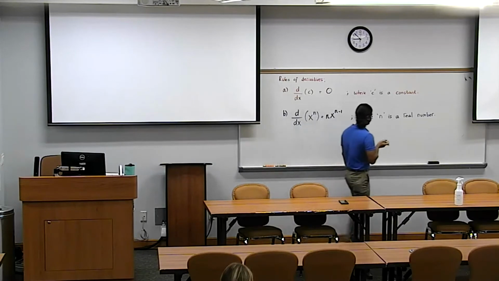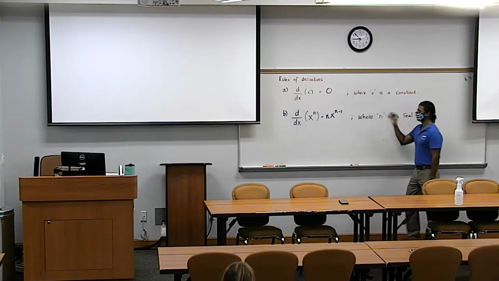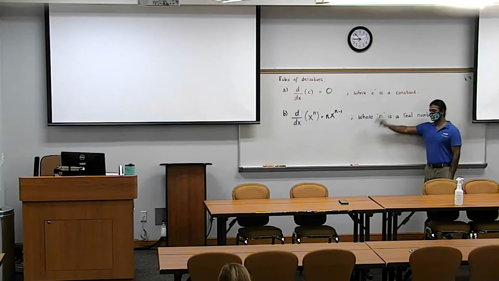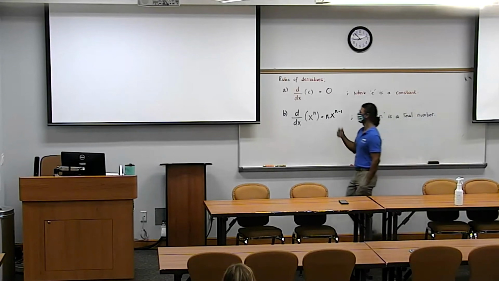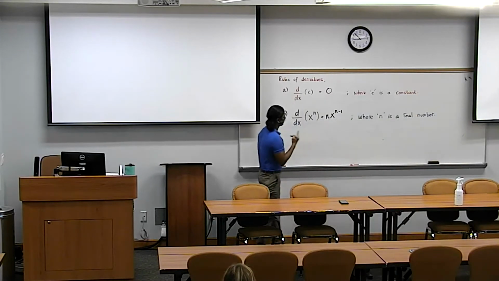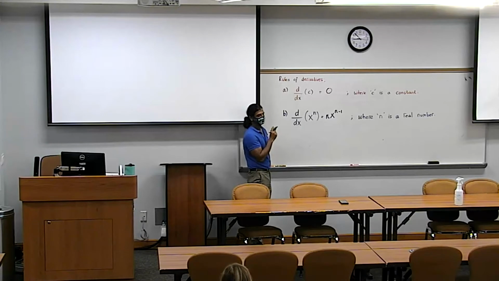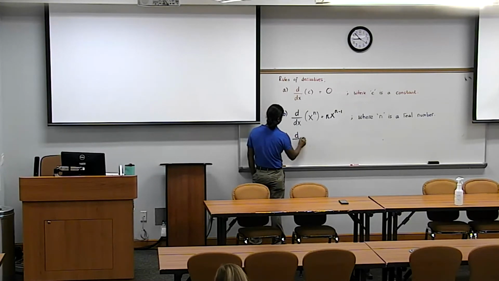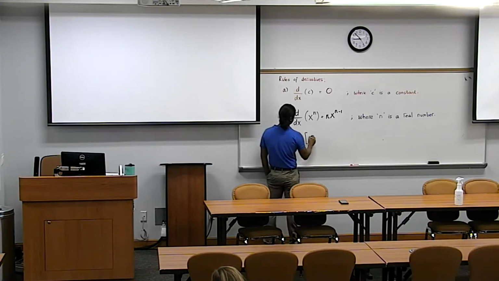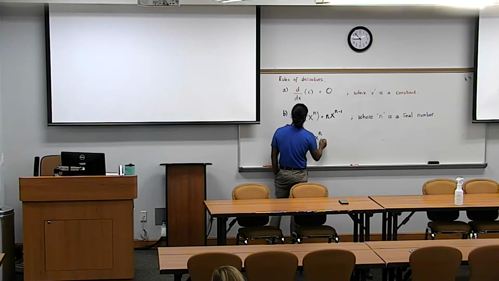But as I said, people did some work to save time when it comes to practice. You don't have to use the difference quotient each and every time to find the derivative. Good? Okay. I don't want to write it this way.